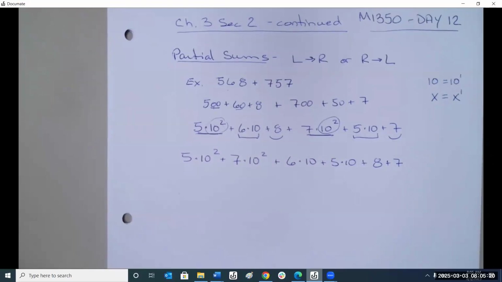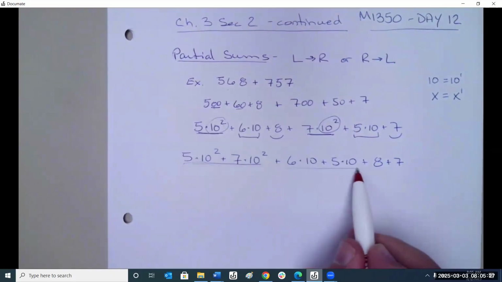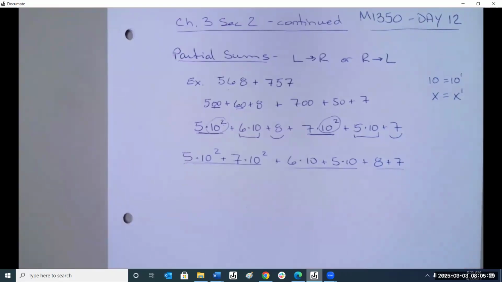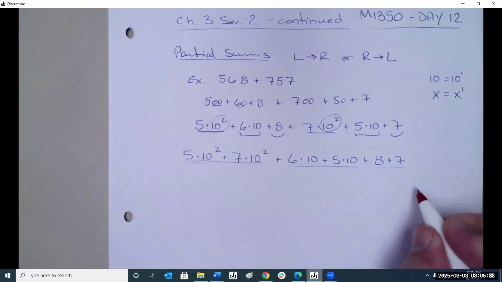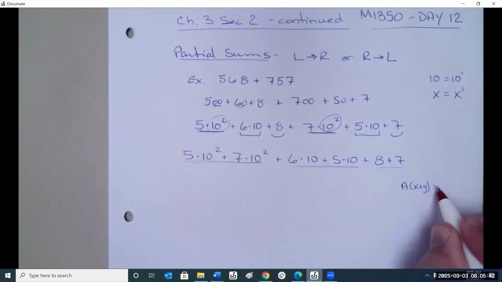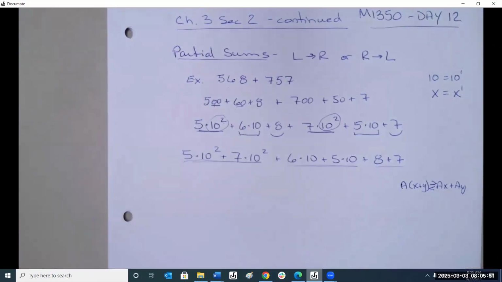Another property we talked about last time: what property can we use to combine or to separate these? The distributive property. Remember, the distributive property said this: a times (x plus y) is ax plus ay. We can go either direction. We're actually using the factor part of it.